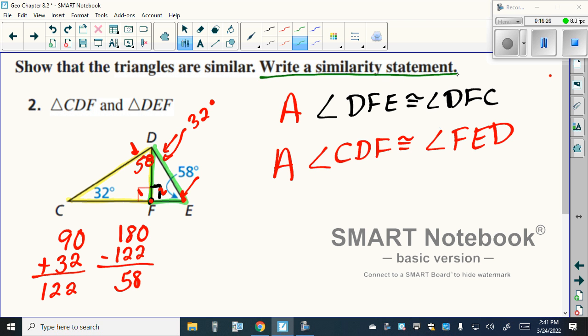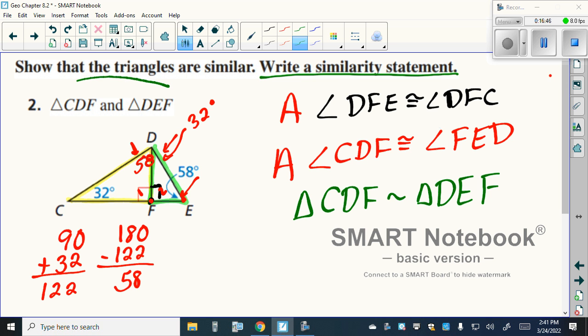Similarity statement. So when you say triangle, what? Similar to triangle. Just use the note sheet. It kind of gave it to us.